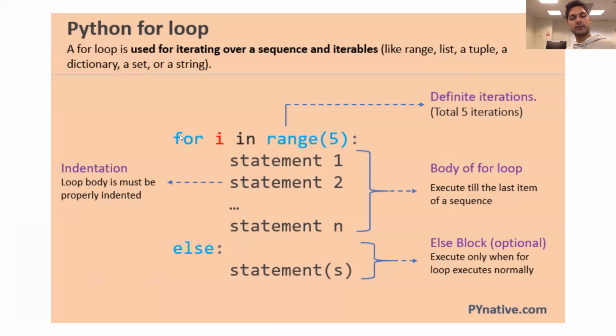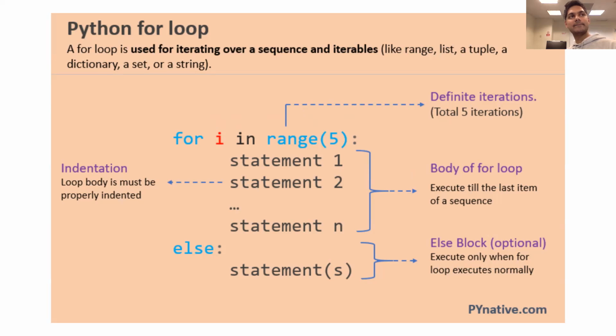So for i in range 5. Here i is a variable, and every time we go through this loop, we iterate. In Python everything is zero indexed, so range 5, 5 is not inclusive.